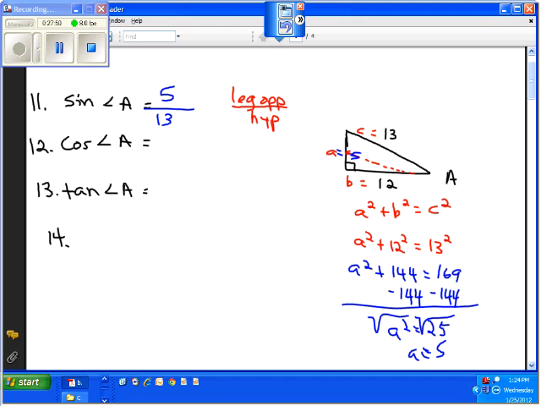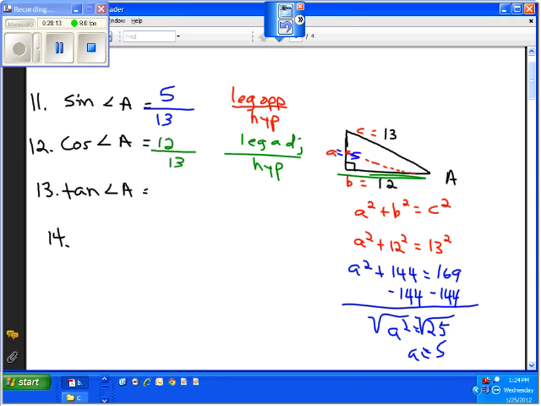That's right. The cosine of angle A, cosine is leg adjacent over hypotenuse. So what is the leg adjacent to angle A? The 12. The hypotenuse is still 13.